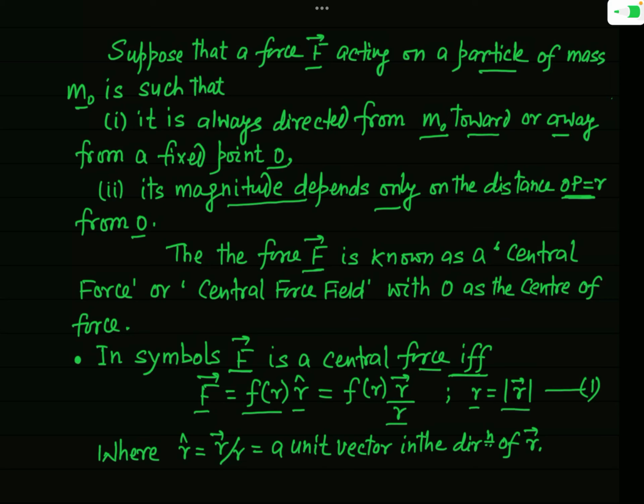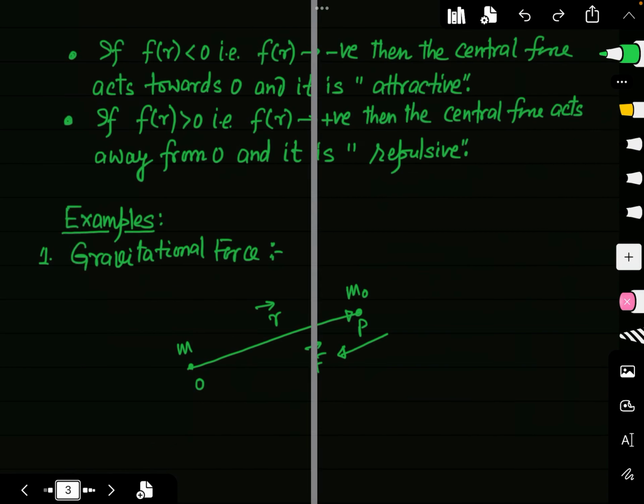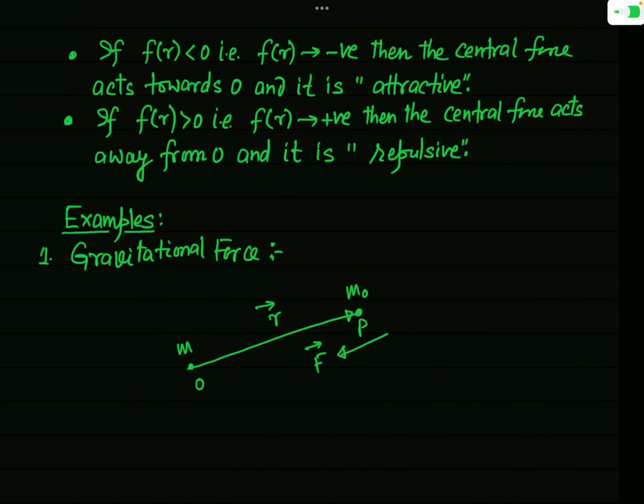As I have told you, this r hat is a unit vector in the direction of vector r. Symbolically we denote the central force by this symbol. And again, this central force may be attractive or may be repulsive. All these things which I have just explained, I have mentioned here for your convenience. You can write these things in your notebook, and that will be a good note for you.